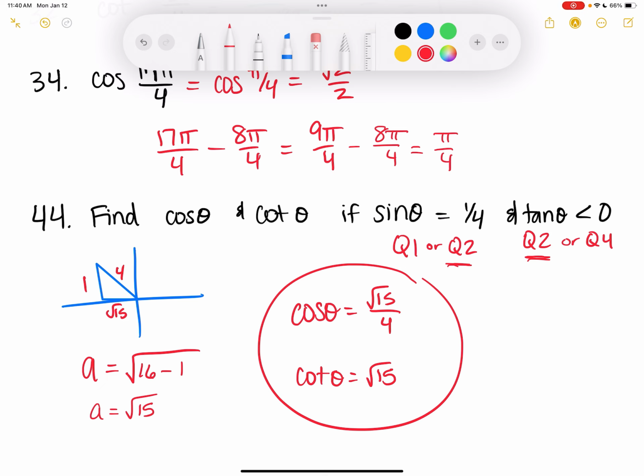No, that's quadrant 2. Oh, you weren't finding the hypotenuse? Shouldn't 4 be the hypotenuse?